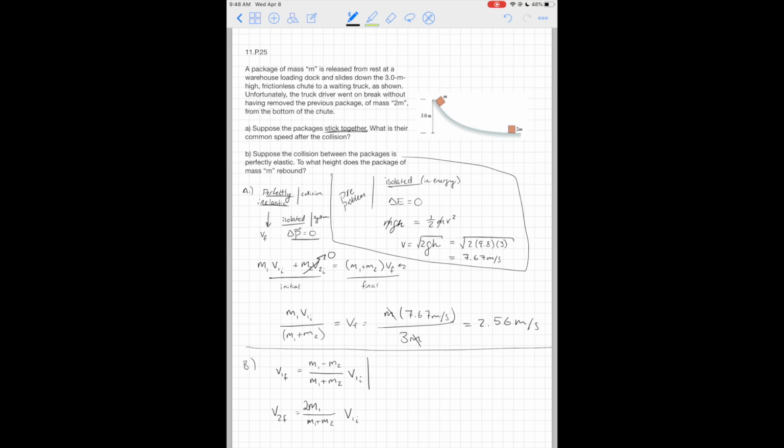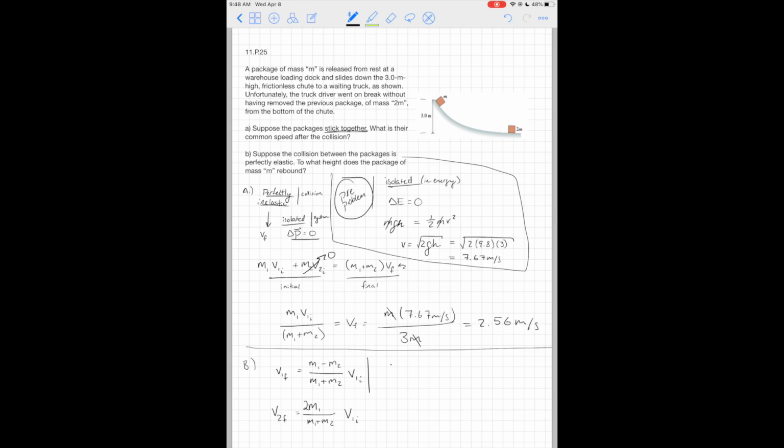We want to use this V1F here to solve our secondary energy problem. To what height does the package mass M rebound? So we're basically doing our pre-problem in reverse. What is V1F, and how much height does that translate to?